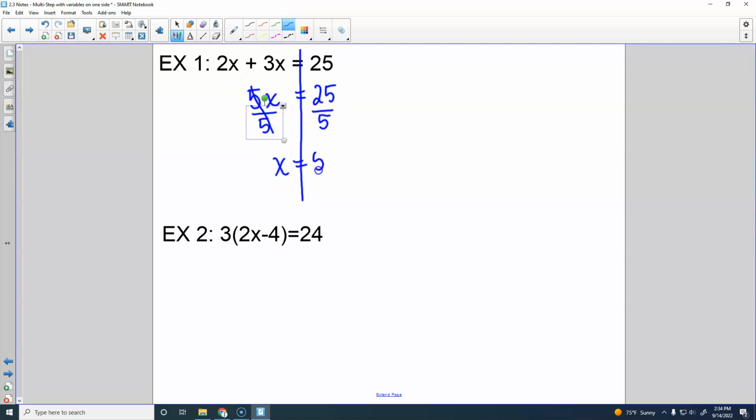X equals 5. Okay, questions on 1? All right. I do, at this point, still want you showing your work on these. In fact, it's becoming more important rather than less important.